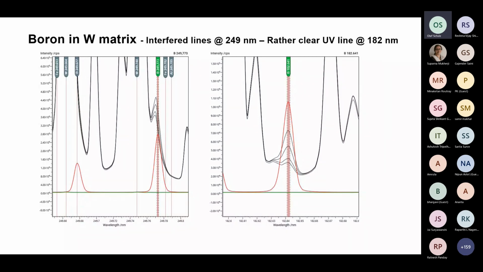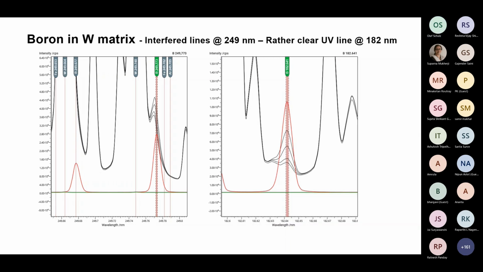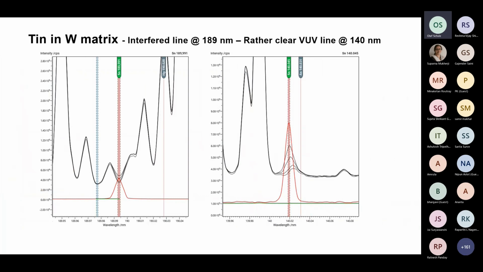While the common emission line at 249 nanometers is heavily interfered by the matrix, the UV line at 182 nanometers is rather clear. And also for tin, the spectral range provides the analytical solution. Here, the prominent line at 189 nanometers is strongly affected, while the line in the VUV at 140 nanometers is also rather clear. So without the need for strong corrections, the accuracy of the analysis is improved.